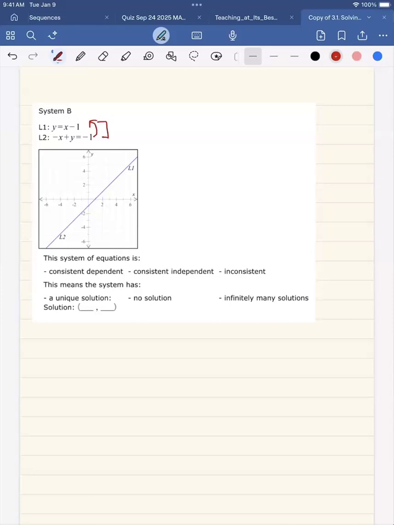In this case, the system of equations is called consistent and dependent. What we draw in this line is based on the two linear equations, but they overlap each other.